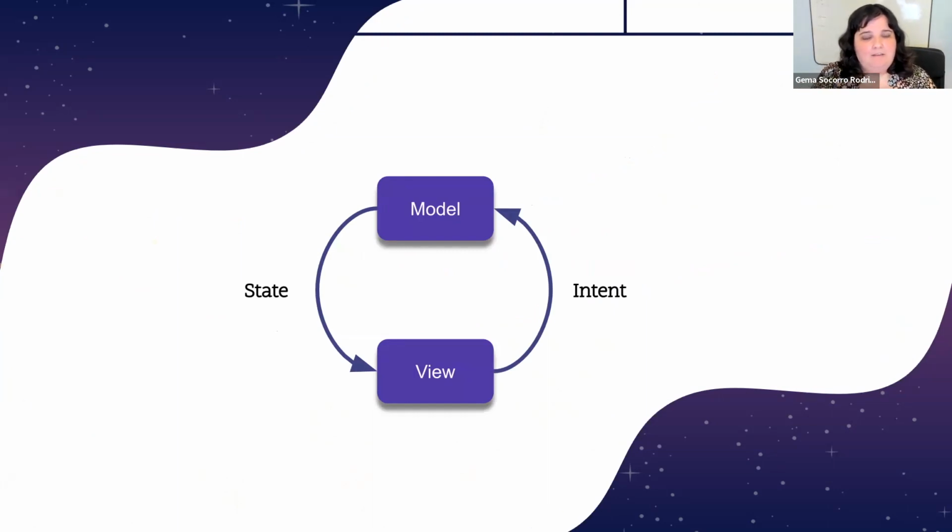MVI really is based on a state machine with finite states. So what does it mean? It means that you will have a state with a certain number of changes or things that can change. Whatever. Let's go to the important part.